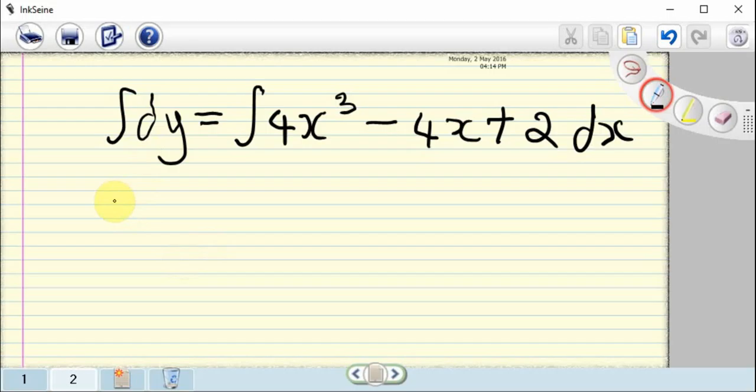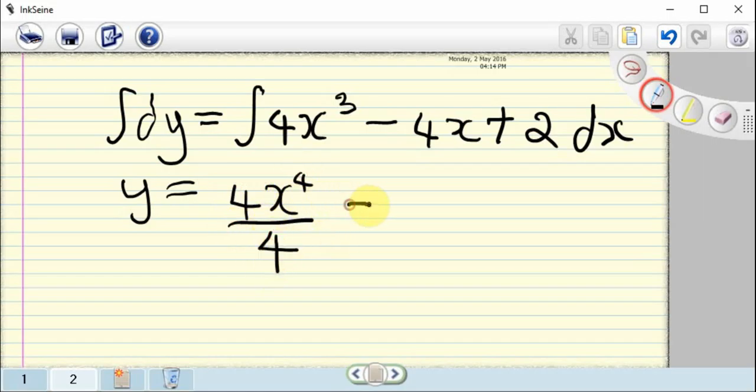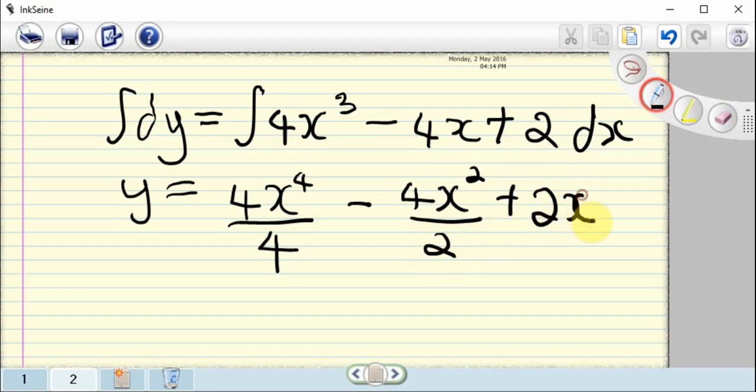When we integrate dy, you get y. y is equal to 4x to the fourth over 4, minus 4x squared divided by 2, plus 2x, plus c.